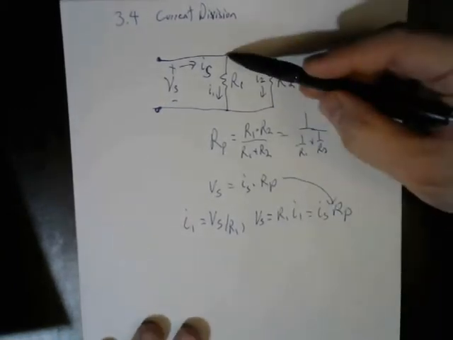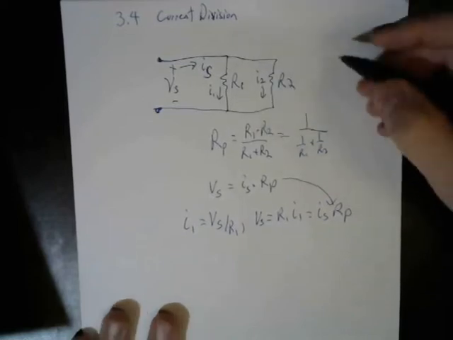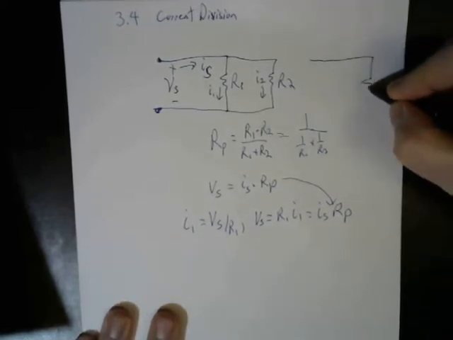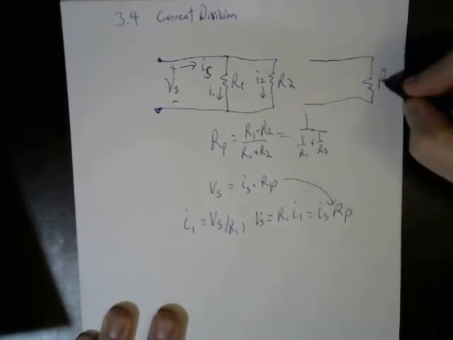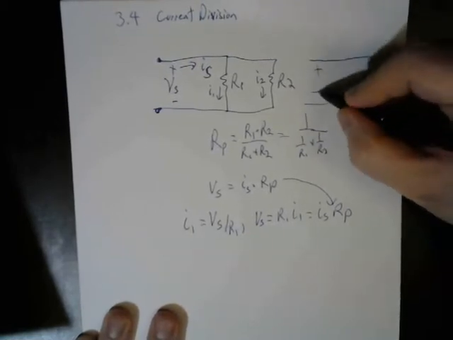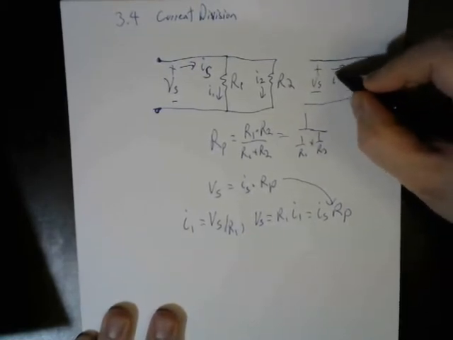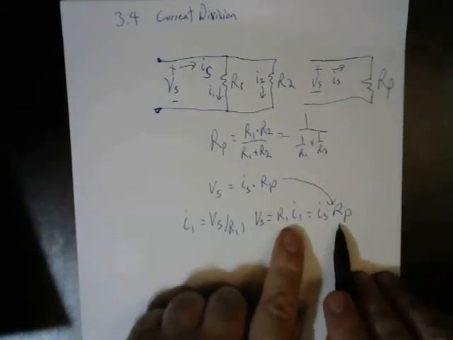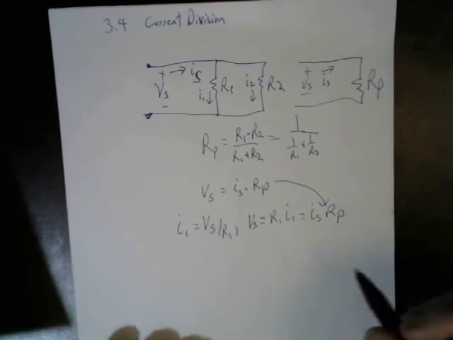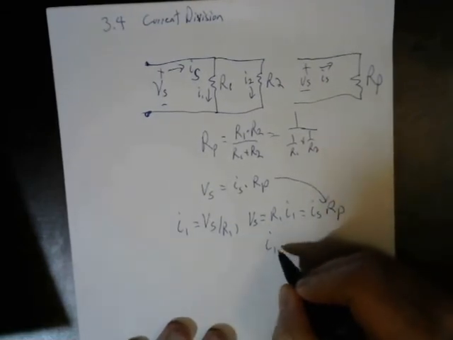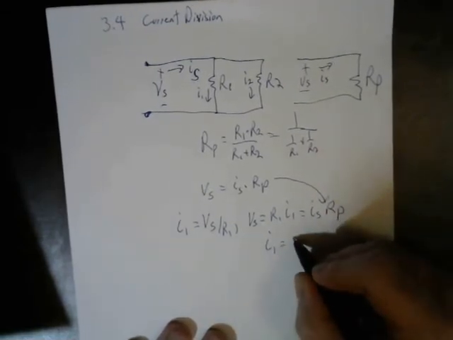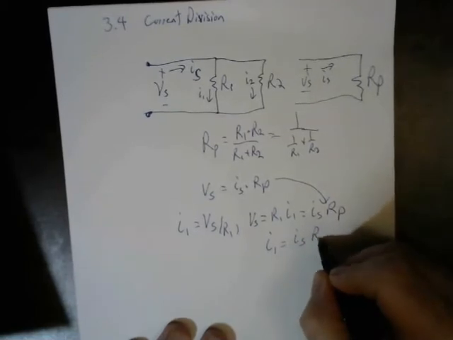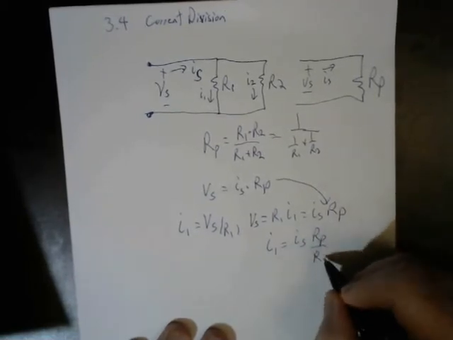And so the voltage across this resistor is the same as the voltage across the parallel equivalent resistor, RP. The voltage is the same, so you have two Ohm's law equations, one for this parallel equivalent. And so if I want to know I1, knowing IS, I just say IS R parallel over R1.